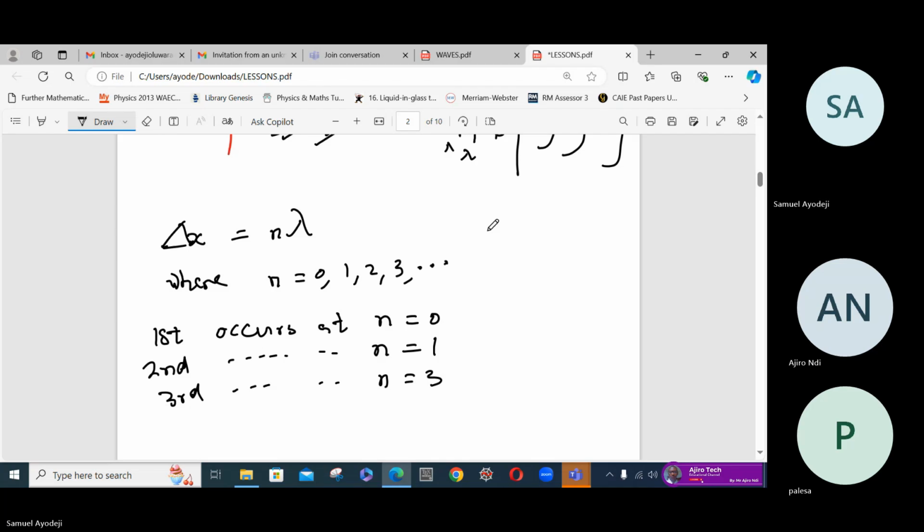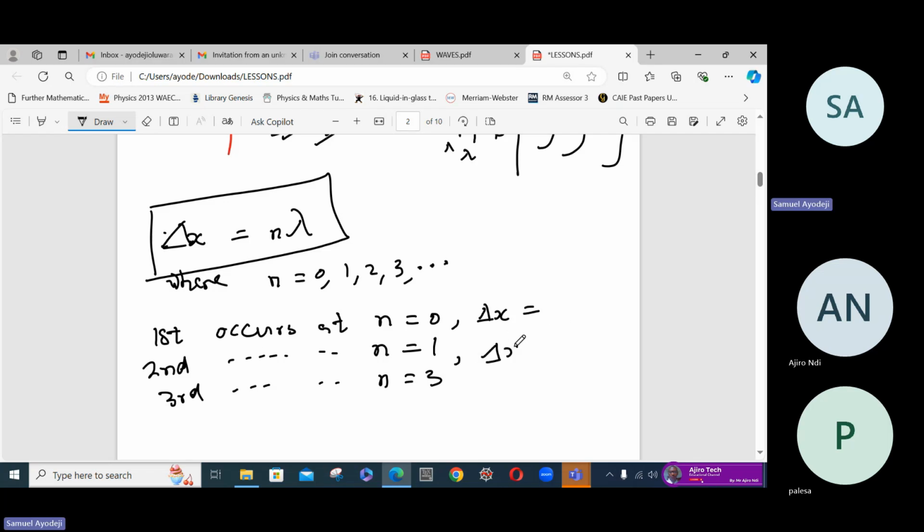Making use of this, it occurs at n equal to 0. What will be the path difference in terms of wavelength? Remember, n is equal to 0. Put n to be 0 here.